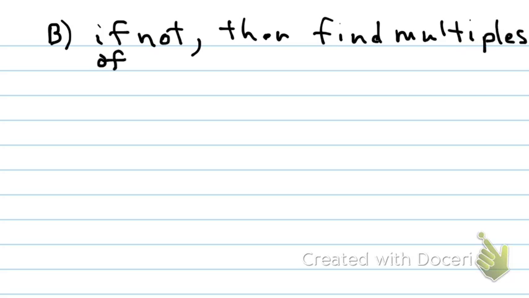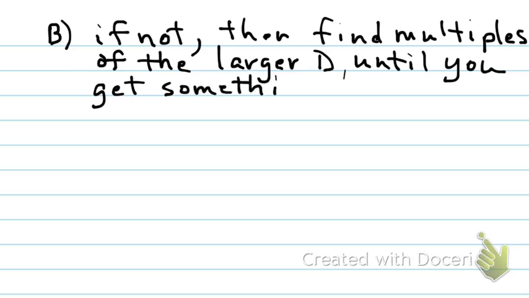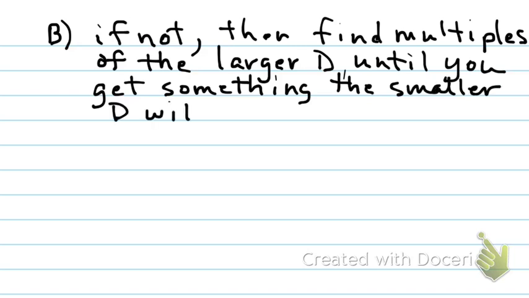Multiples of, which one is the LCD always based on? The larger. So which one do you think I'm going to find multiples of? The larger. It's always the larger one. Multiples of the larger denominator until you get something the smaller denominator will divide into.